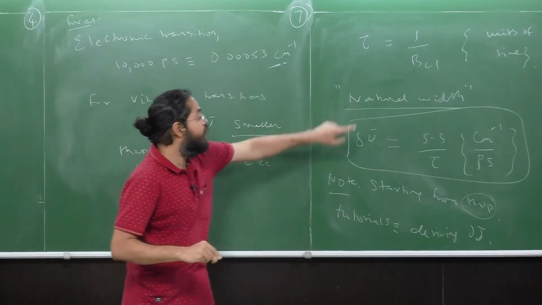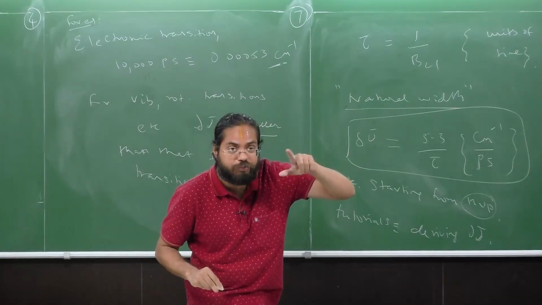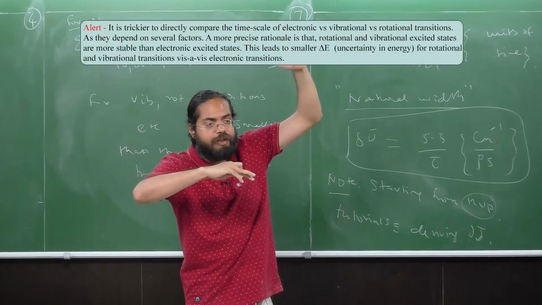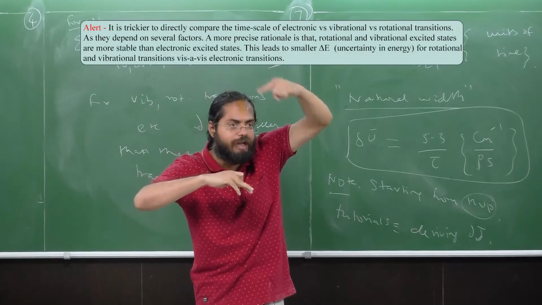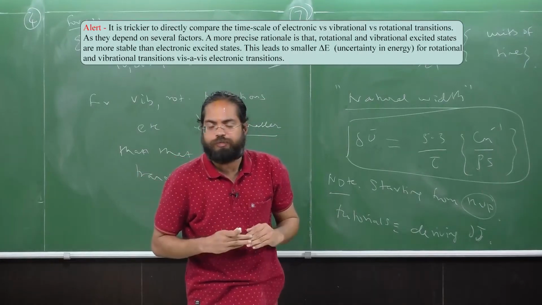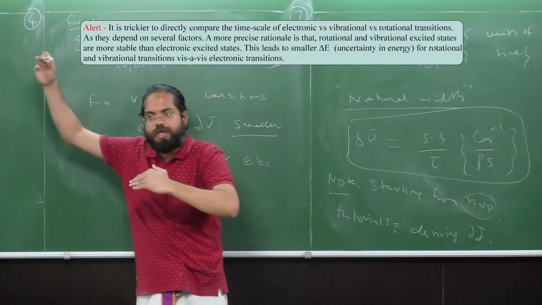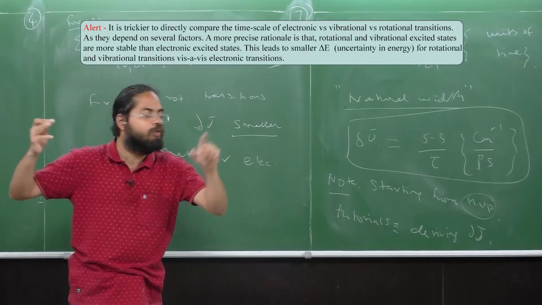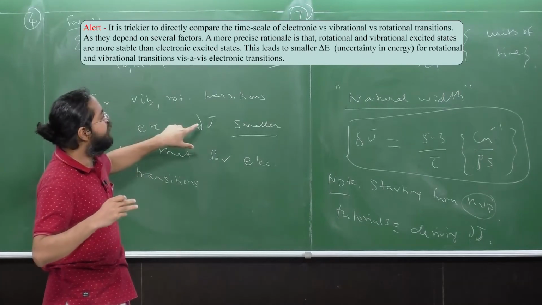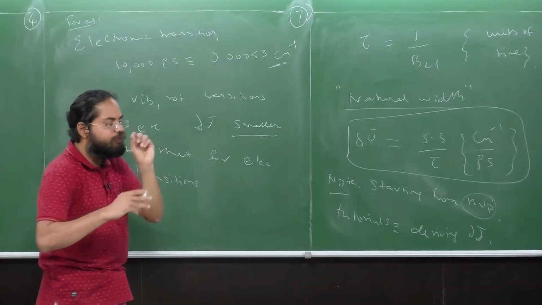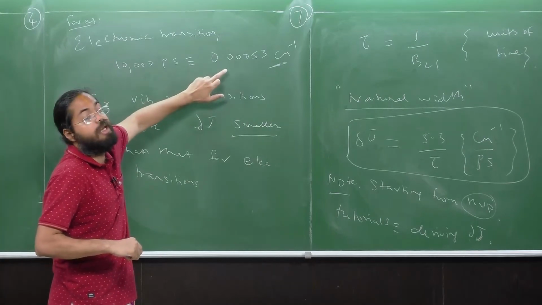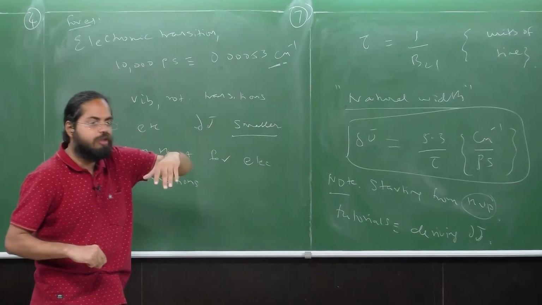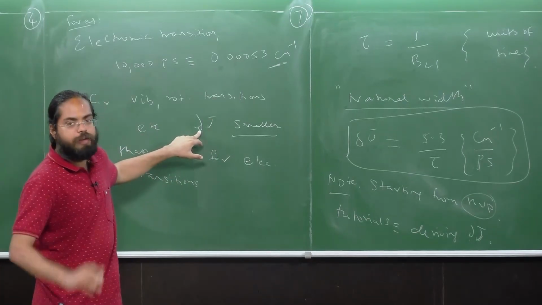Well, that is because the time taken for electronic transitions is going to be much higher, because two electronic states are much higher in energy than, let's say, two vibrational states or rotational states. We looked into the separation of states quite a few lectures earlier. So that is all useful in understanding this idea that the natural width is going to be optimally seen in electronic spectroscopy, whereas with vibrational and rotational spectroscopy, etc., the magnitude is going to be much smaller.